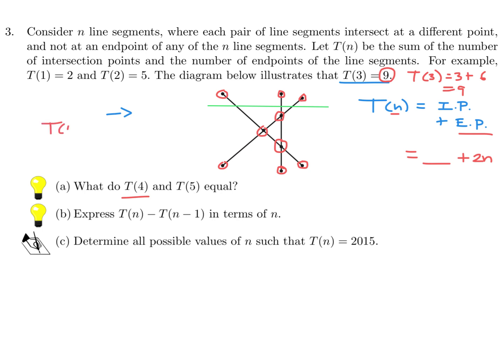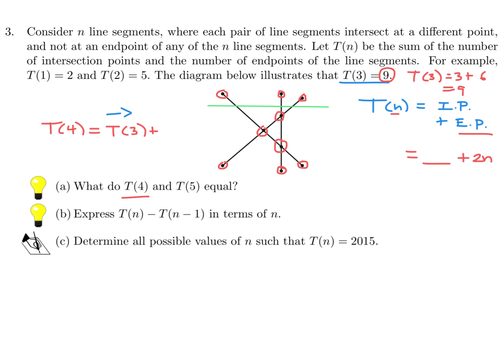Let's see, T4 is equal to, well, it seems to me that everything that I have already circled is going to be part of T4's calculation, right? That's just because I've already circled all these in red, 9 points. So I think it's going to be T3 plus something.